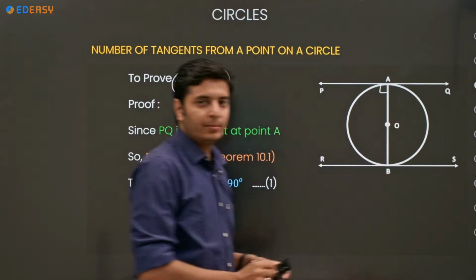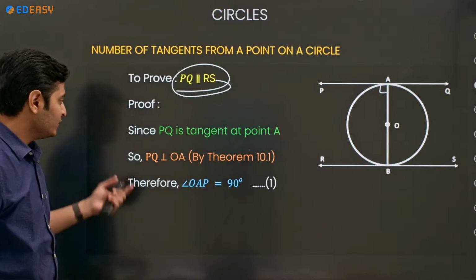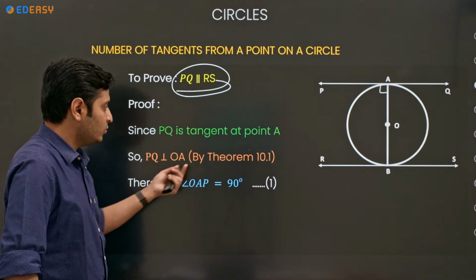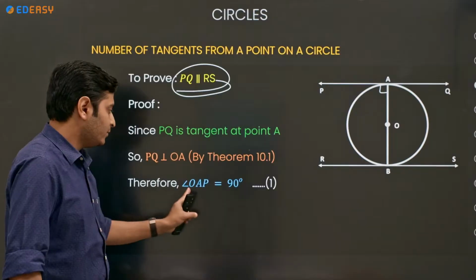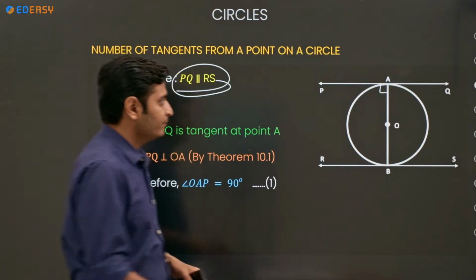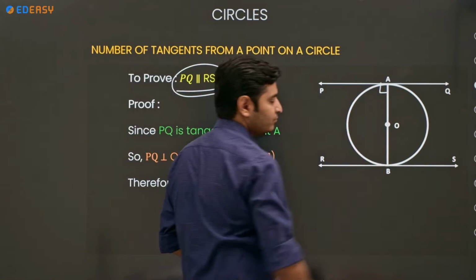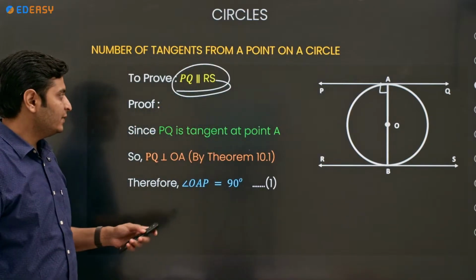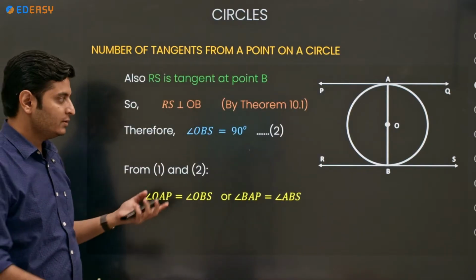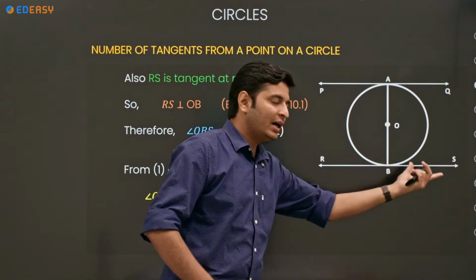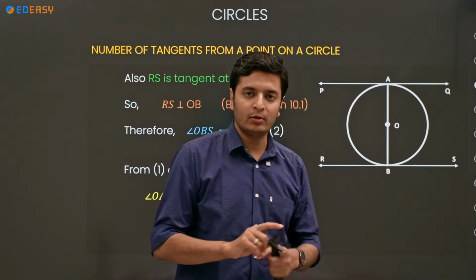So these are perpendicular, it means 90 degrees. So PQ is perpendicular to OA by theorem 10.1. Therefore, angle OAP is 90 degrees. Correct? The same we can apply in the case of the other tangent. So RS is the tangent, B is the point of contact.